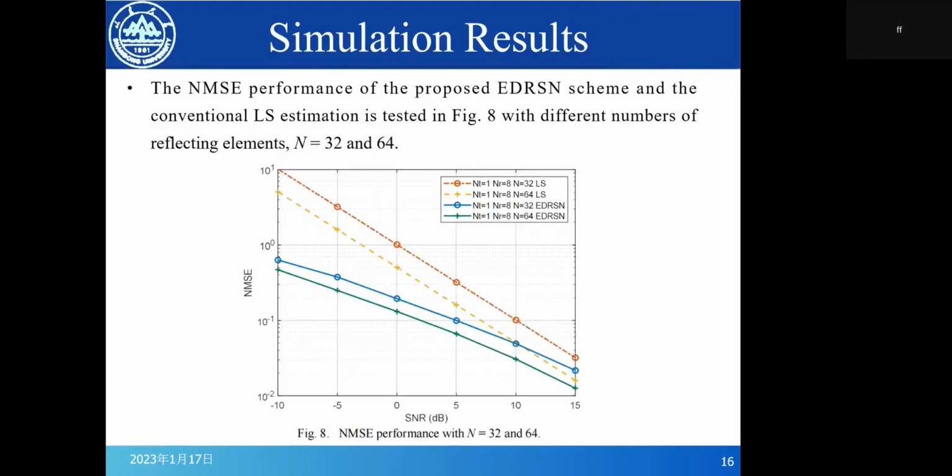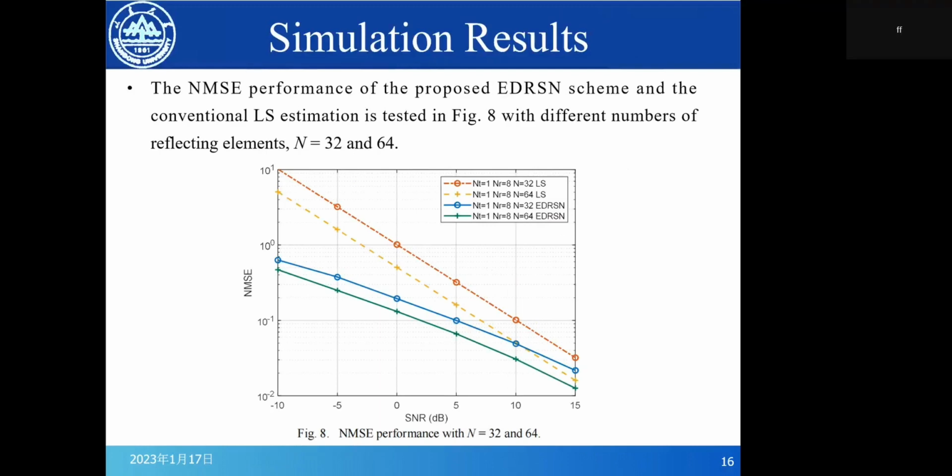And the last figure is Figure 8. The NMSE performance of the proposed EDRSN scheme and the conventional LS estimation is tested in Figure 8 with different numbers of reflecting elements, N equal 32 and 64. We can see that the channel matrices become more sparse as N increases.